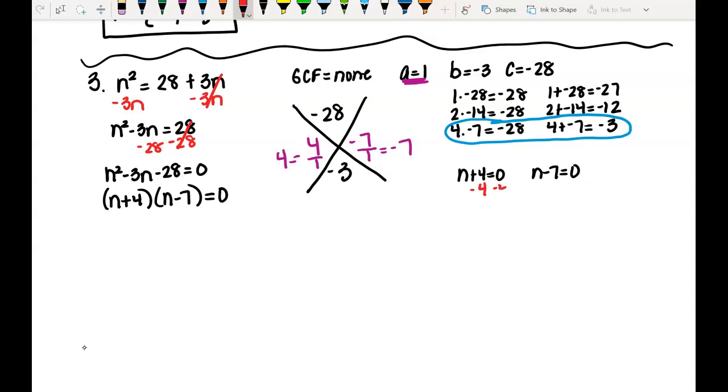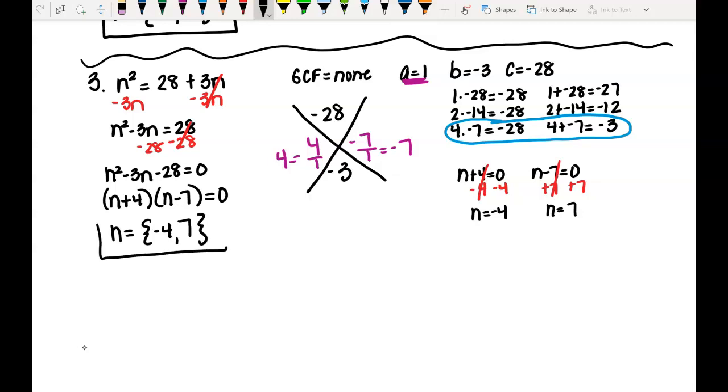So here I'm going to subtract 4 from both sides and get n equals -4. On the other one, I'm going to add 7 to both sides. Get n equals 7. So n equals the solution set -4, comma 7.